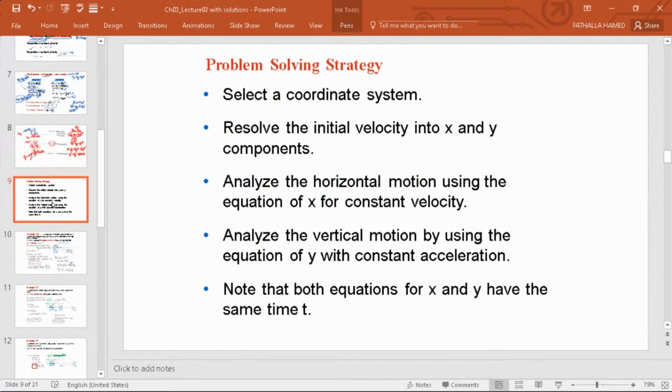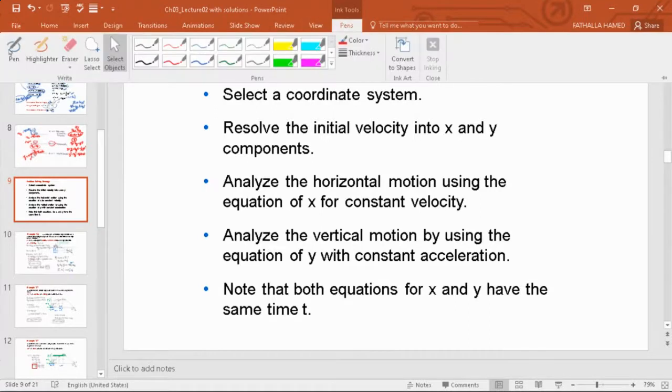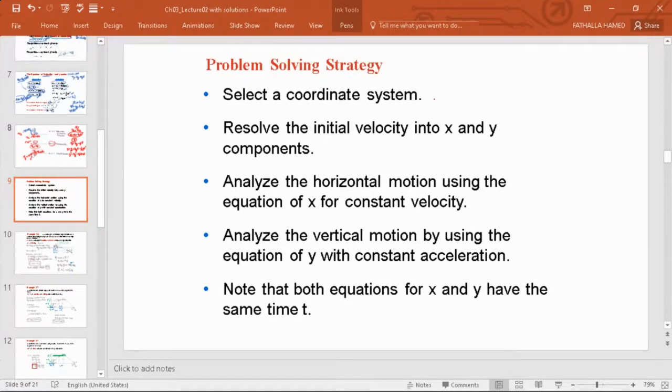Then you solve. The way you solve problems, you're going to choose a coordinate system, meaning where is your x and where is your y. Okay. And I told you, you can always choose your initial points at x0 is equal to 0, y0 is equal to 0. But in some situations, you may not do that. In most cases, you do that. Okay.